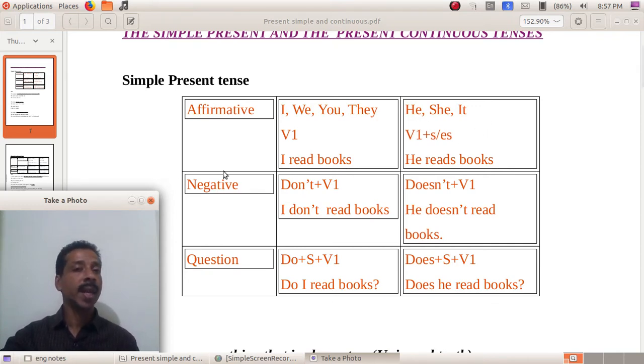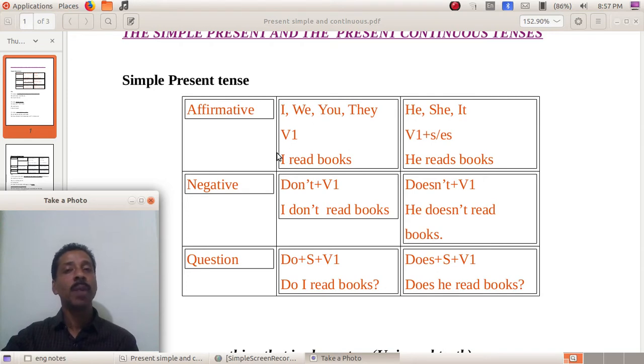And if it is negative, we have already learned that not is to be added with the auxiliary. But we know that in simple present there is no auxiliary. So what do we do? We split the main verb using the forms of the auxiliary verb do. So read can be split as do read. So do will be the auxiliary there.